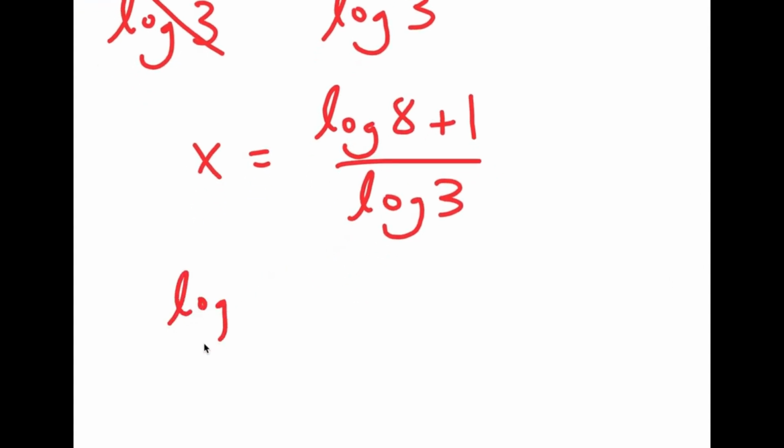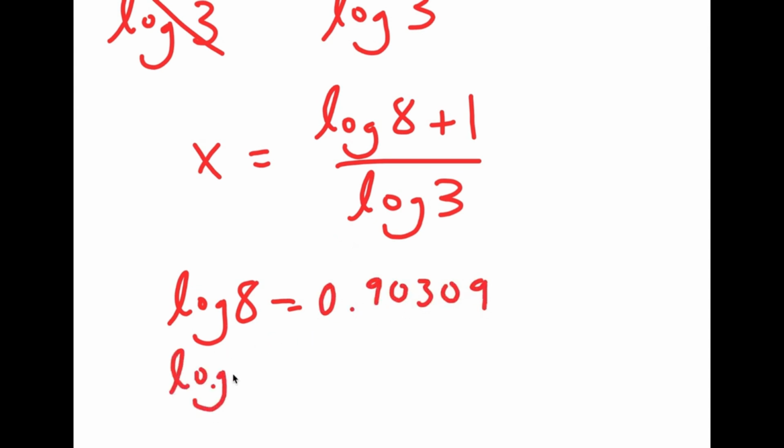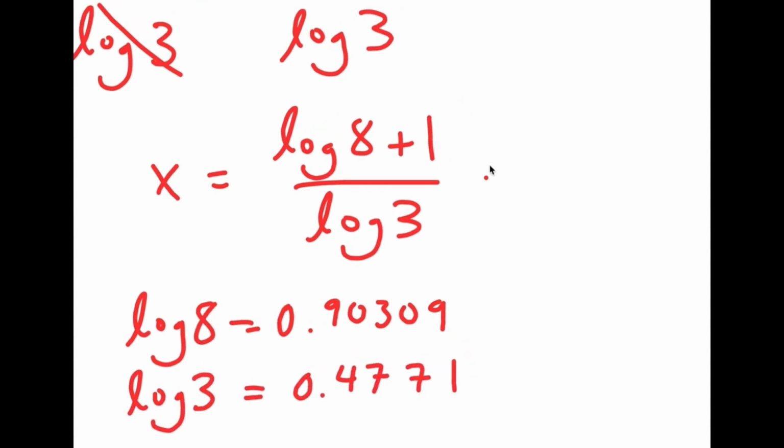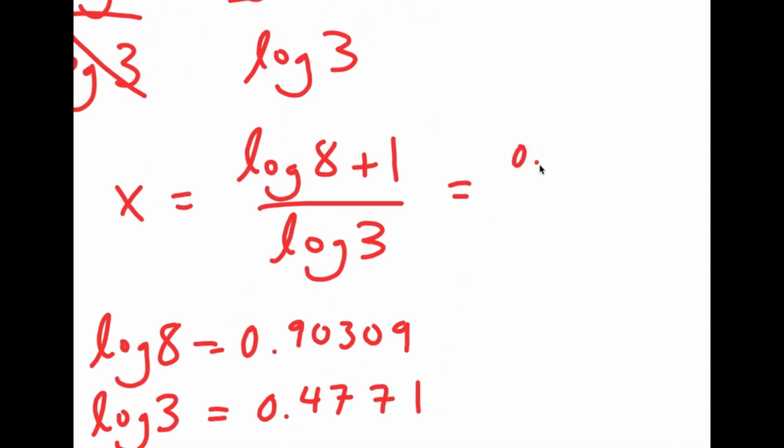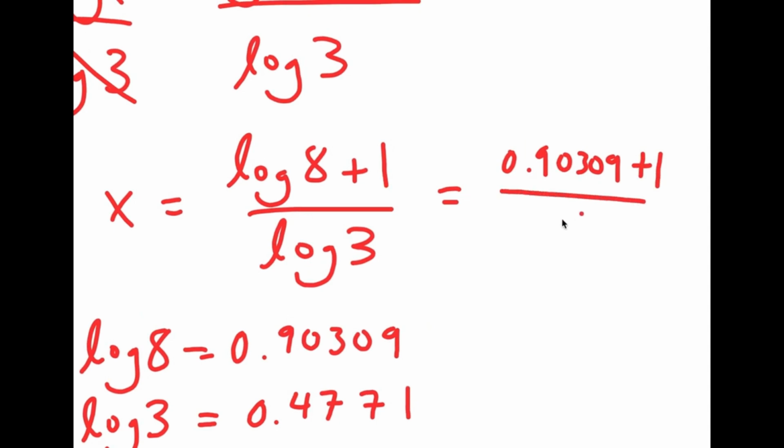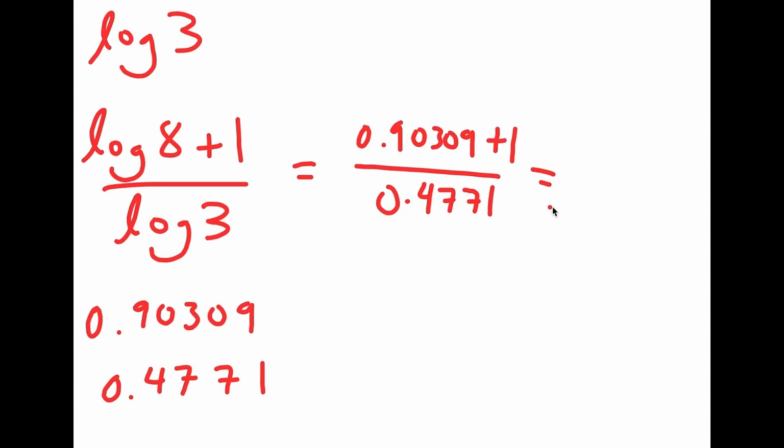Now, log 8 is equal to 0.90309, and log 3 is equal to 0.4771. So this is going to equal 0.90309 plus 1 over 0.4771. And this is equal to 1.90309 over 0.4771.